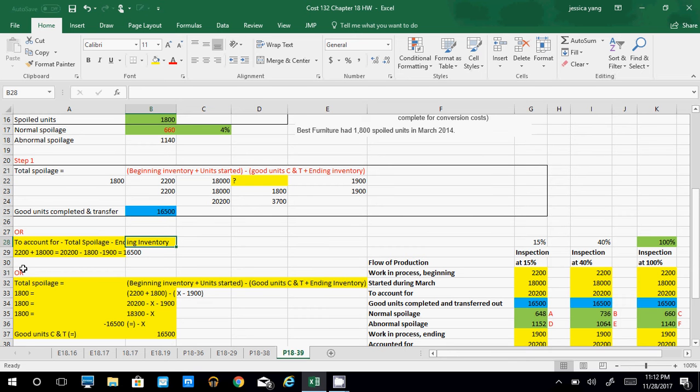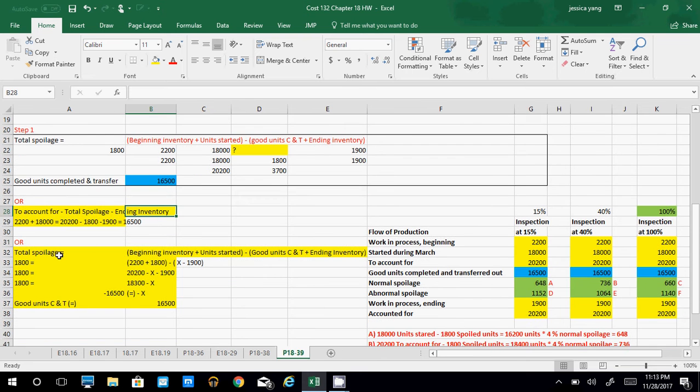To account for, I took 2,200, which was my work in process in the beginning, plus my 18,000 units started, which gave me a total of 20,200 units to account for, minus my total spoilage of 1,800, minus my ending inventory of 1,900, which gave me a total of 16,500 for my good units completed and transferred out.